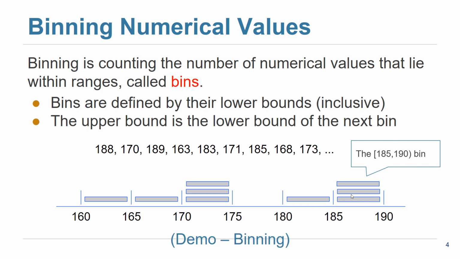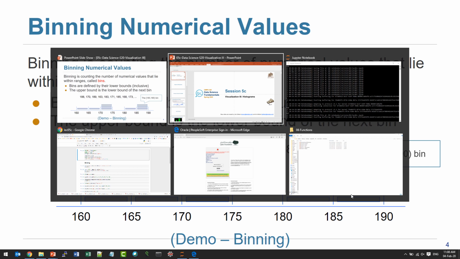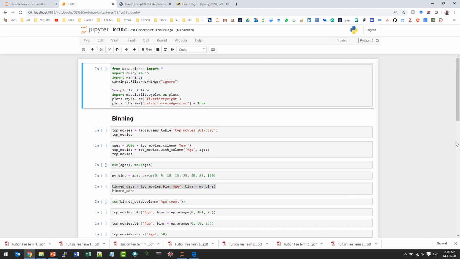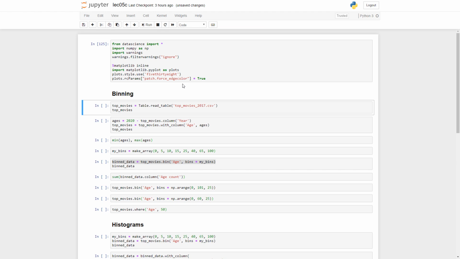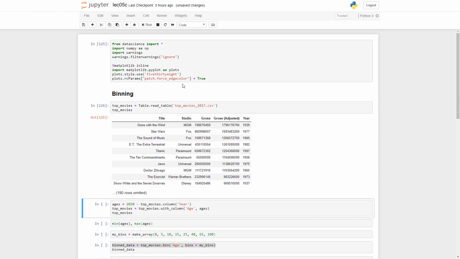Okay, now let's go through some examples of binning. So we start with, I think this data we saw it before, which is the top 200 movies. Okay, for each top 200 movies at 2017. Each movie has the title, the producer, the income, the adjusted income, and the year of production.